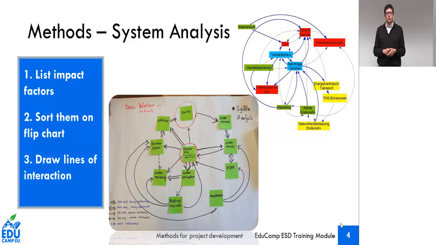So doing that, you might think about all the positive aspects, but then you need also to think about, okay, what impacts does planting trees in my street have? So the first point in system analysis would be to list all social, economic and environmental aspects of impacts this tree planting would have.